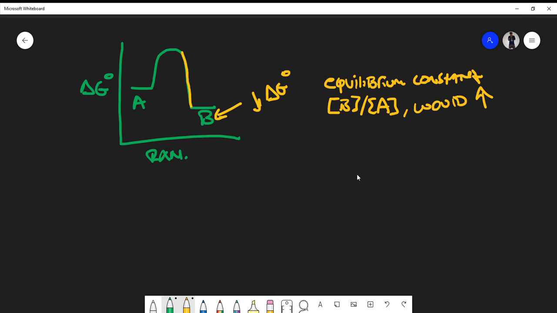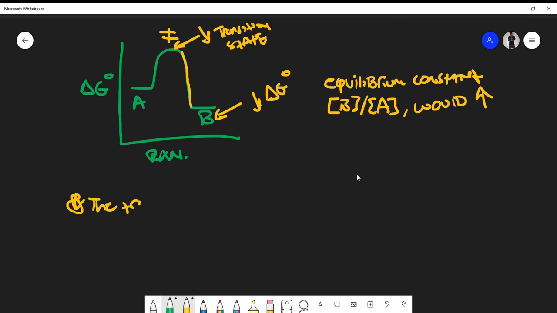Now, what about the transition state? The transition state is actually really important. What happens if you actually lowered the transition state? What do you think happened to the reaction? This is a very key point. The transition state does not affect the equilibrium constant. So let's say that again.